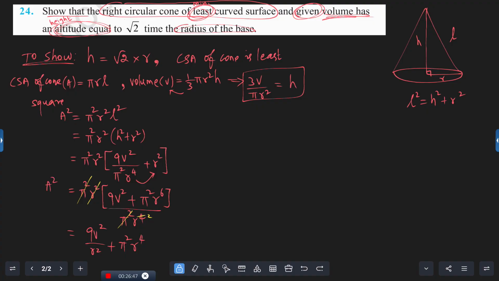This A square we will give some name. In terms of R, R is the variable here. So what will we name it? We will name it f of r. Since you mentioned that A is minimum, A means area, area is minimum.